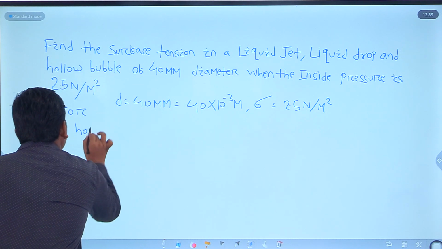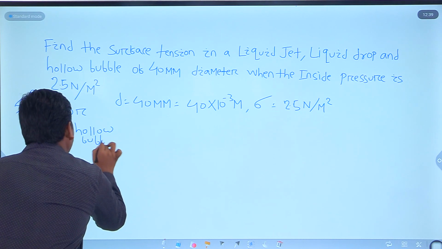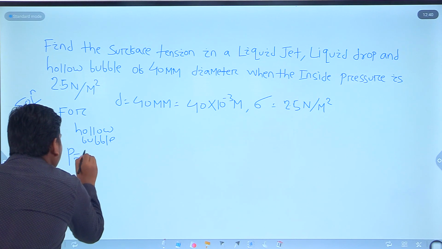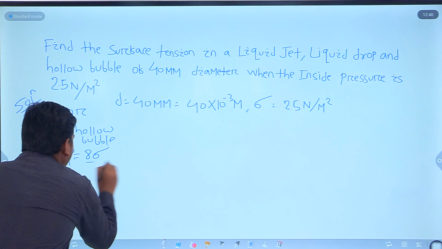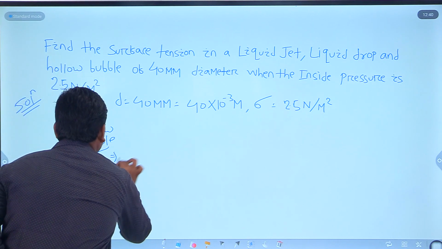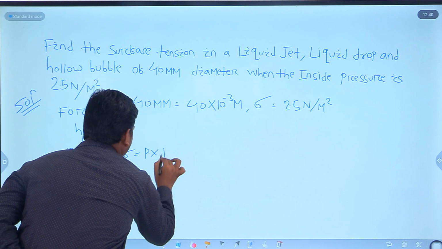For hollow bubble first, we know that P is equal to 8 sigma divided by d, that implies that sigma is equal to P into d divided by 8.